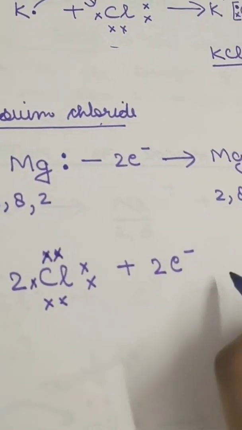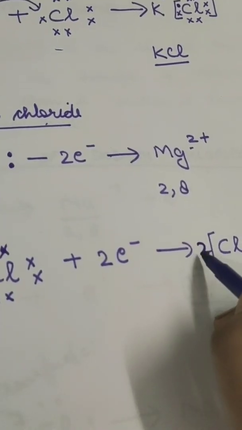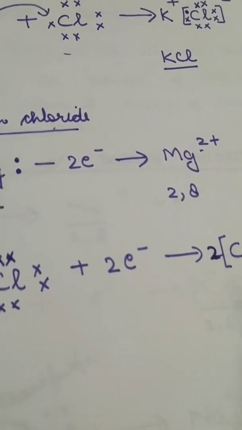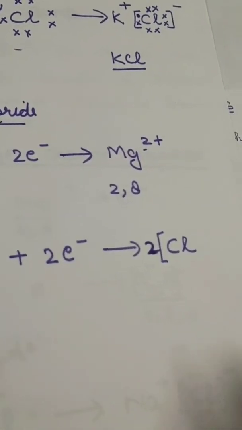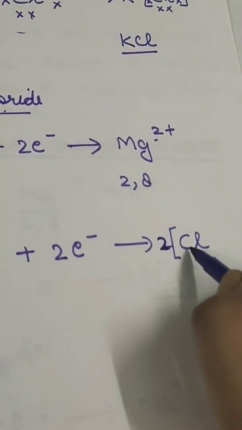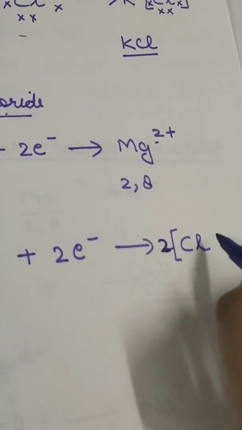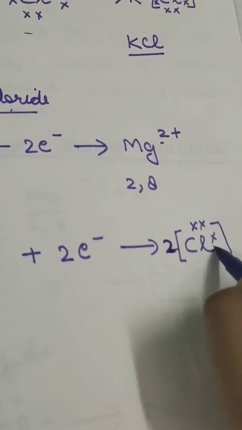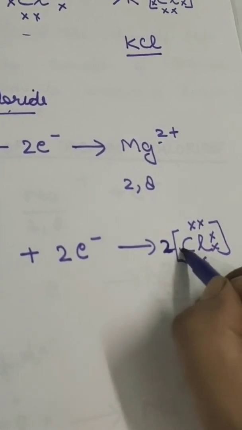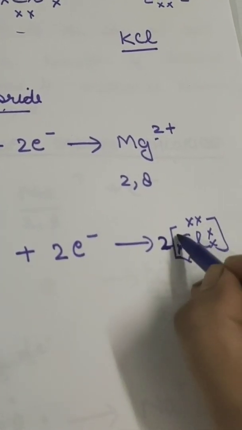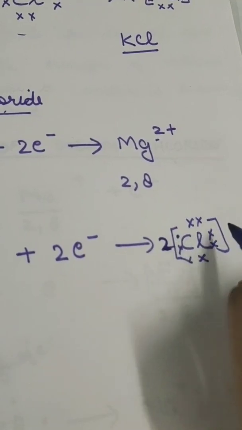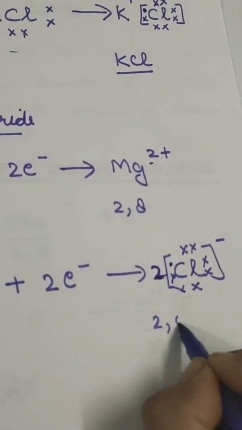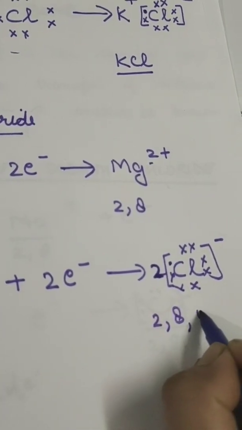I hope it's clear to you people. Don't get confused with this 2, because when we write 2 in front of any element or atom, it means that there are 2 atoms. This has 7, so it will become 1 here. Okay, negative 1. Now it's 2, 8 and 8.